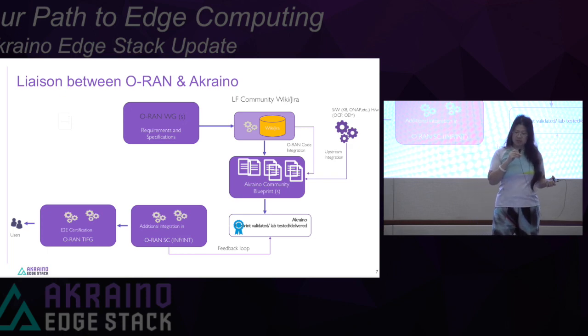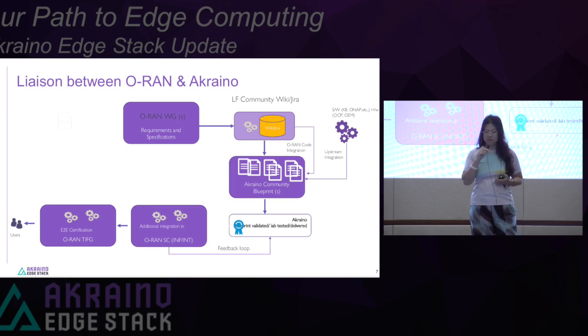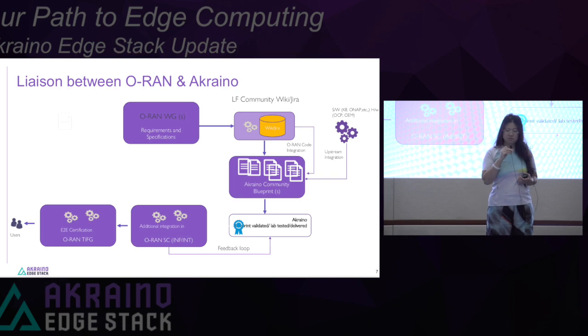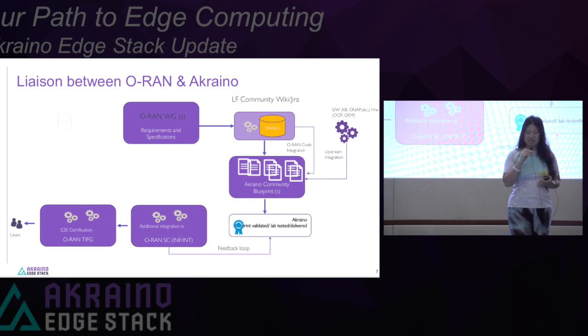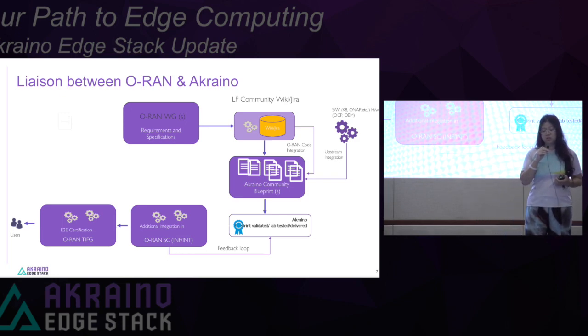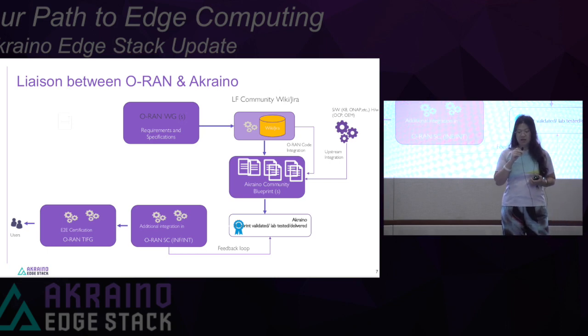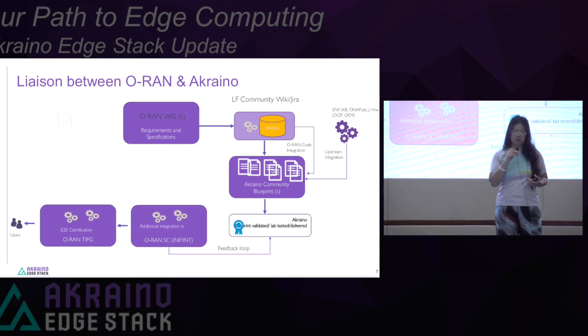After we have these Akraino community blueprints, it's mandatory for the Akraino blueprint validation, lab testing and delivery. This is all mandatory. At the same time, the O-RAN SC will do the additional integration here and then give the feedback loop back to the Akraino validation lab, the validation framework project.